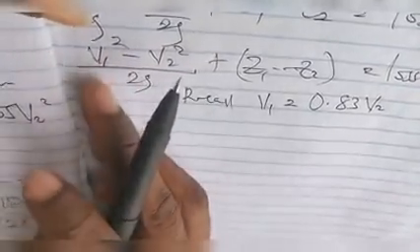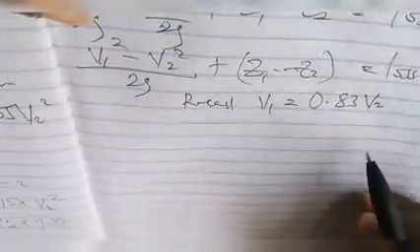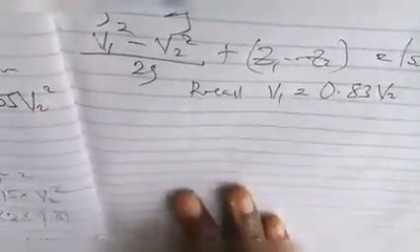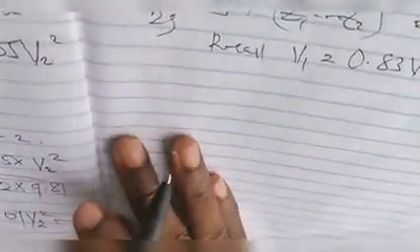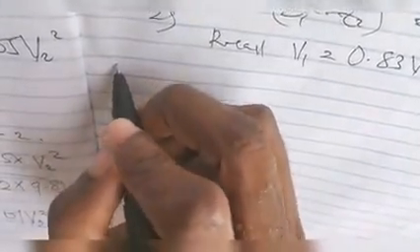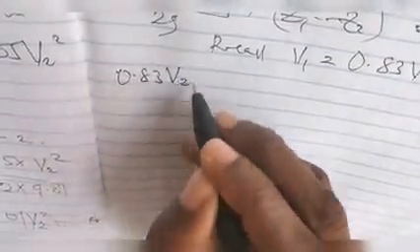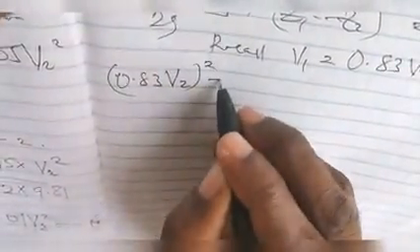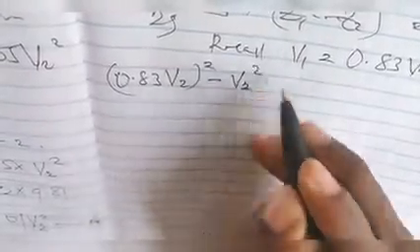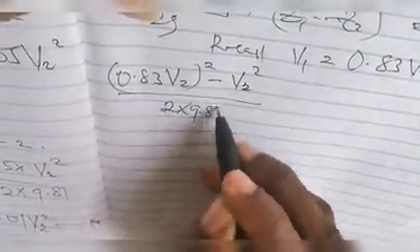So this now becomes, in place of V1 squared, we have 0.83 V2 all squared minus V2 squared, all over 2 times 9.81.